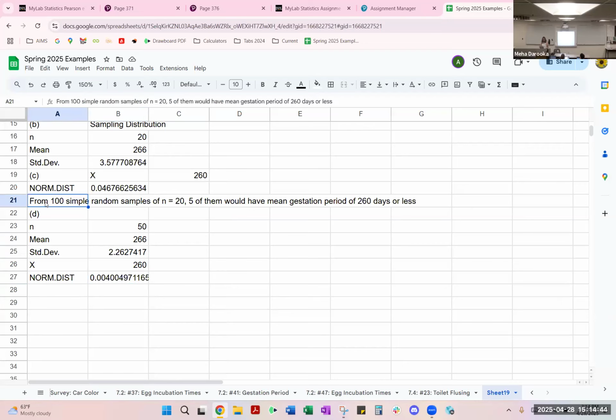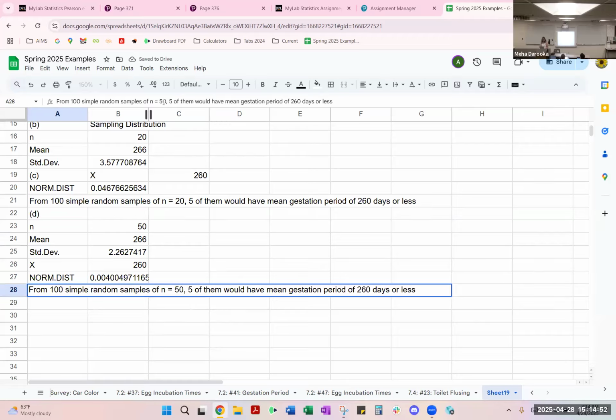what do you think this interpretation will change? So if you did 100 of these random samples of 50, how many of them will have a mean gestation period of 260 or less?